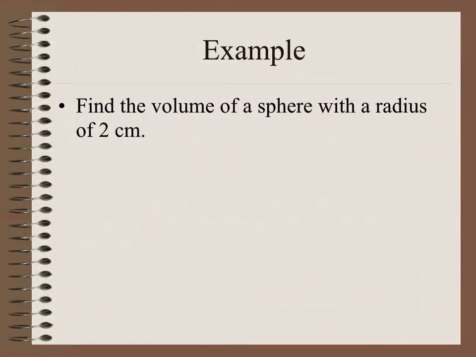Let's try an example. The shape that I chose for this example is a sphere because I'm assuming that's the one you have the least experience with. So the first thing we do is put down our formula for the volume of a sphere. Next, we substitute our values in. 4 times 3.14 times 2 cubed divided by 3.